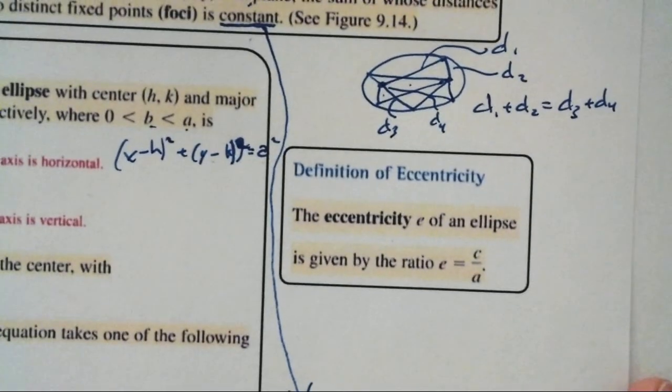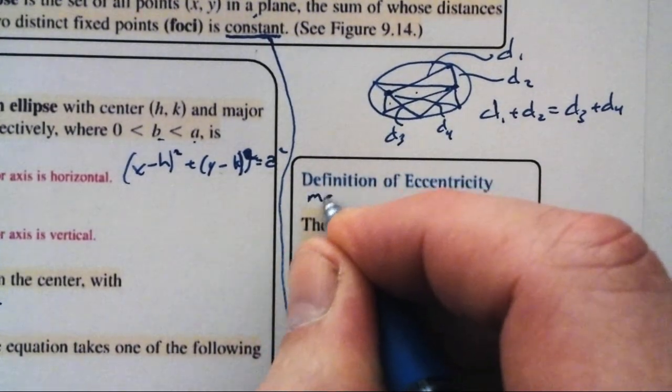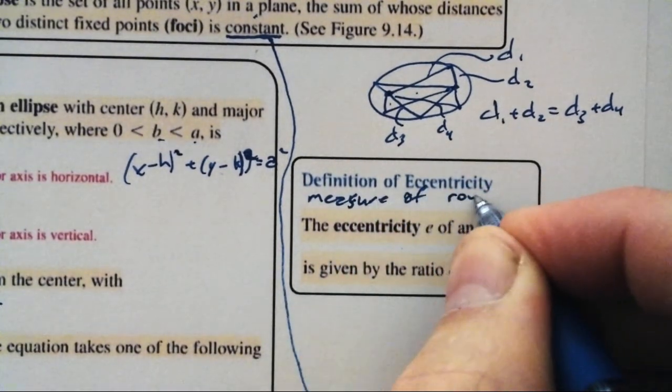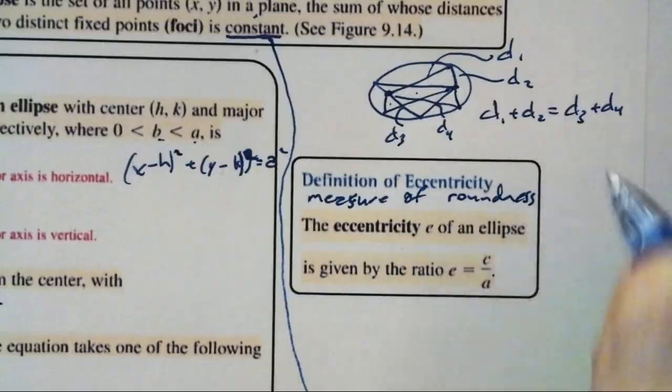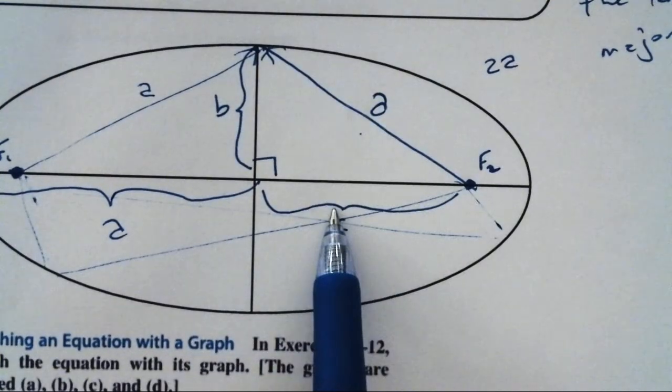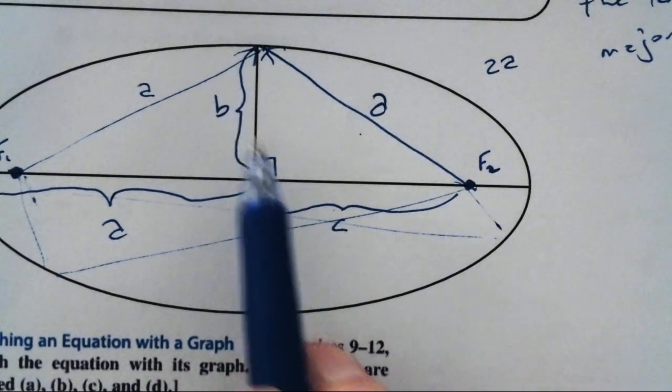Okay. All right, good time to go back and talk about that eccentricity right now. So eccentricity is C over A. That is a measure of roundness. And we know that A is bigger than C. C could be bigger or smaller than B, but A is always the biggest.